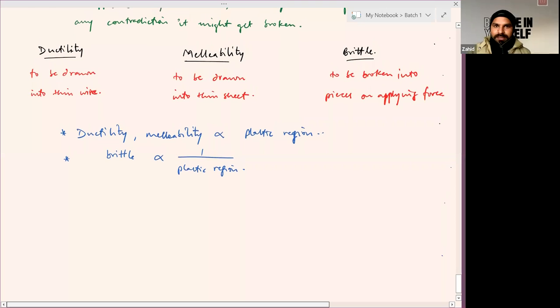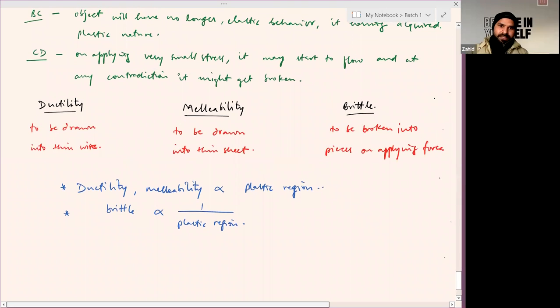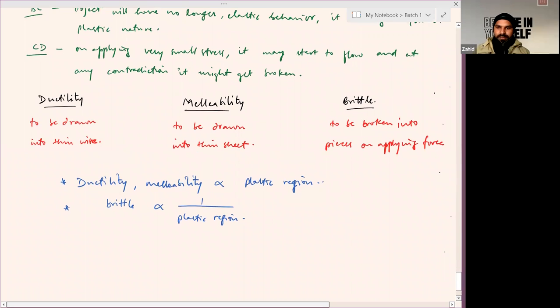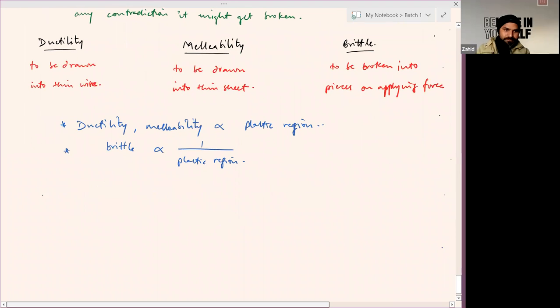In the last class, I defined the stress strain curve, for which we have defined these three terms. Let me give you a question related to this part. Suppose this is stress and this is the corresponding strain.